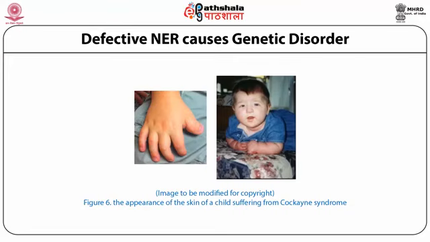Individuals with Cockayne syndrome develop hypersensitivity to UV radiation and exhibit stunted growth. Other effects include neurological dysfunction as a result of neuron demyelination and the appearance of premature aging, but intriguingly have a normal incidence of skin cancer.